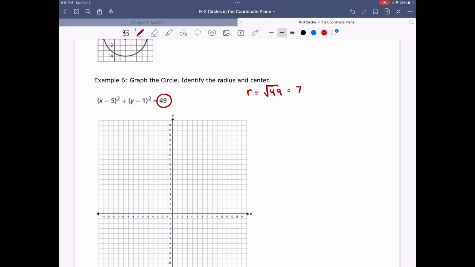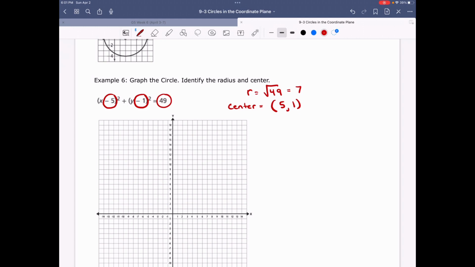The center is (5, 1), because remember it's going to be the opposite of these numbers. The opposite of negative 5 is positive 5, and the opposite of negative 1 is positive 1.